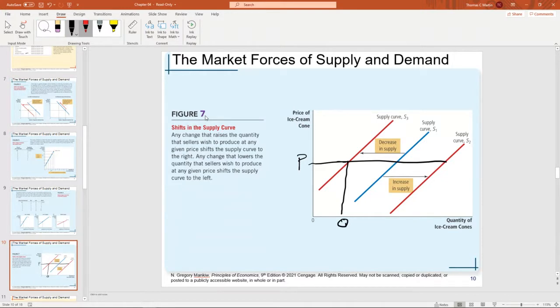There's 3. This is with 1. And this is the quantity with 2. So if the business is willing to make more product at a lower price, that's an increase in supply. Because we see here that the price didn't change. We see a constant movement from left to right.